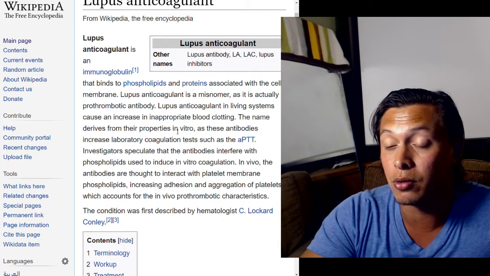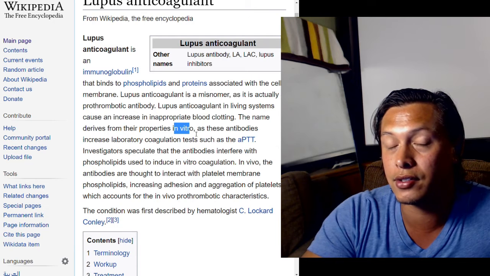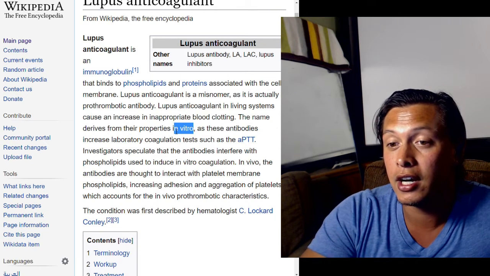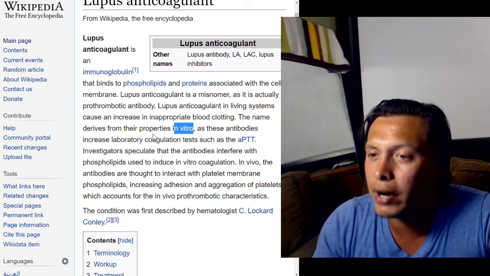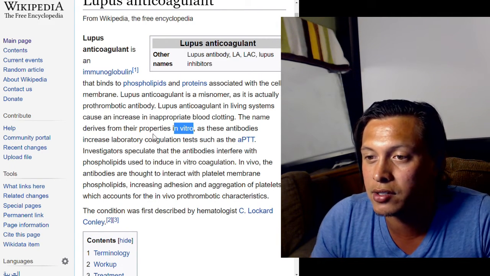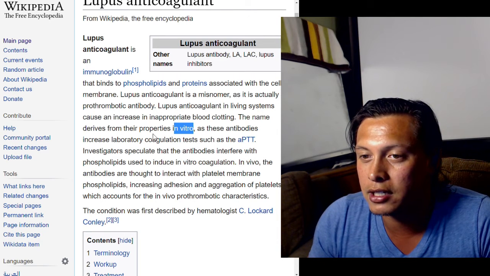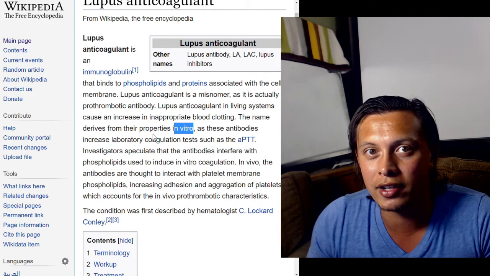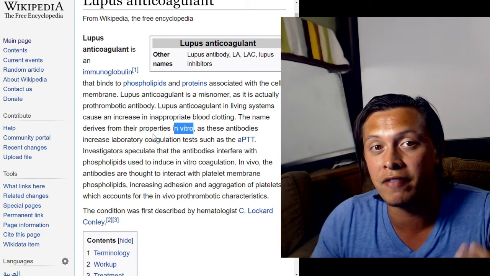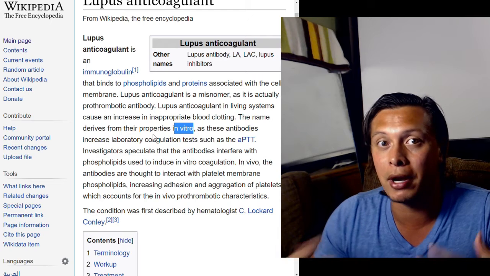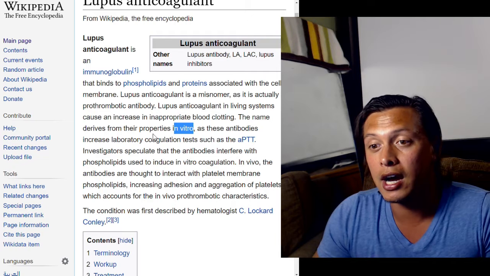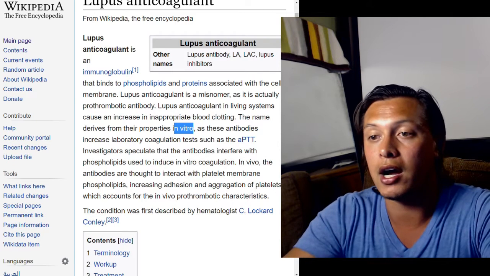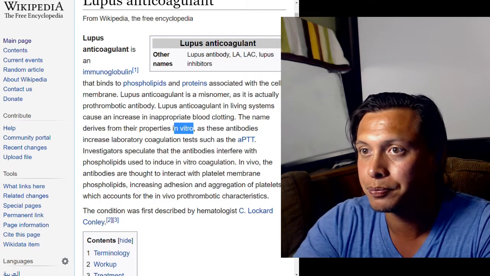In a test tube, if you have these antibodies collected, they increase laboratory coagulation tests, such as the aPTT. Basically, they have anticoagulant activity in very controlled test tube studies, but apparently in vivo, in actual living organisms, they tend to be proclotting.